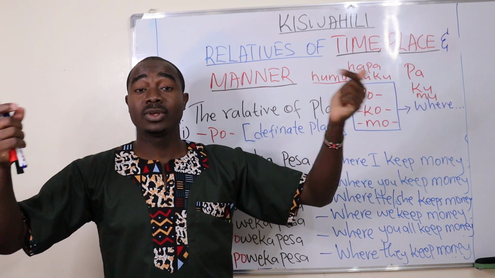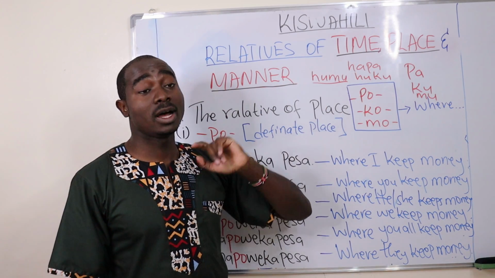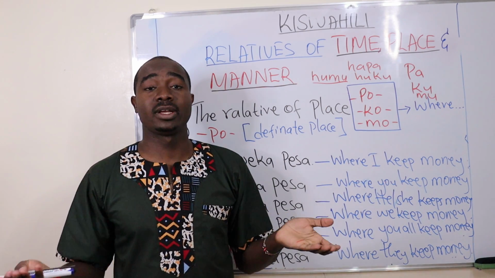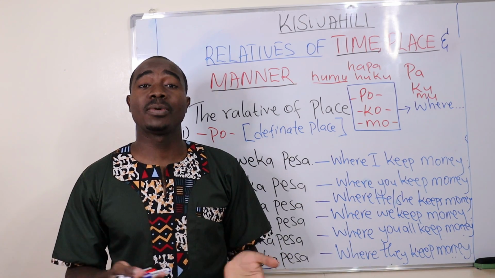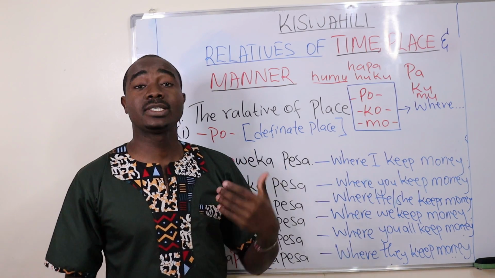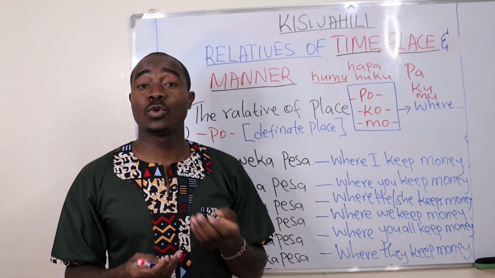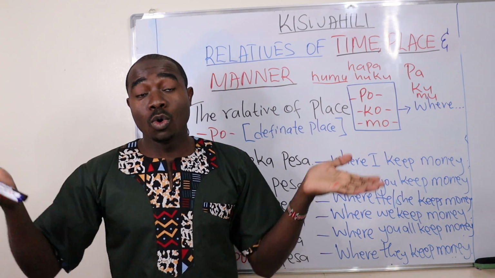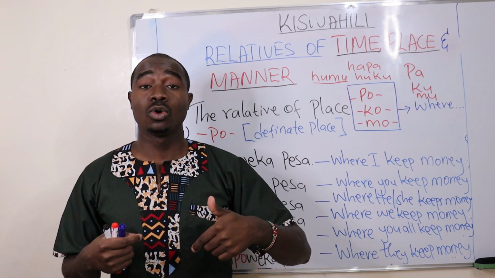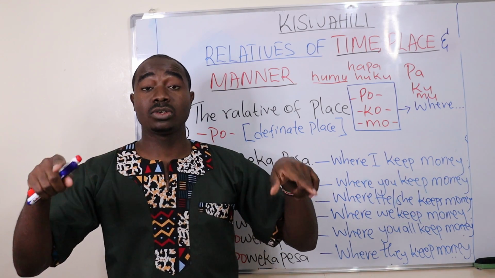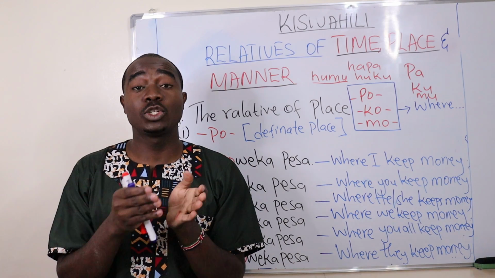An example with sentences, I can say hapa nyumbani, here at home. Maybe that's a different place at home. Huku, I can say huku Kenya, here in Kenya. When I say huku Kenya, I'm not specific on which part of Kenya. Then when I say humu, something that is very enclosed, like inside a room we say chumbani.